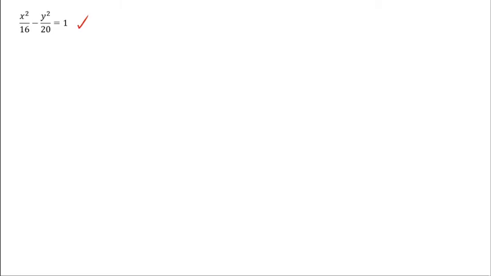Okay? So what we're going to do is to identify the values of h, k, a, b, and c. So here, first, we have the orientation. Since the positive part here is x, the orientation of this hyperbola is horizontal. Okay? So we have a horizontal hyperbola here.